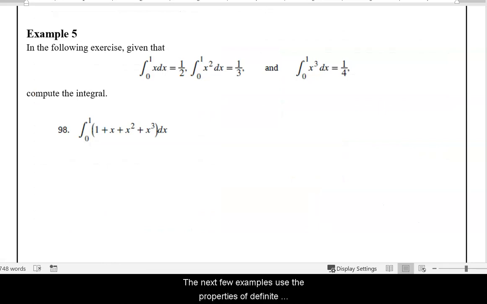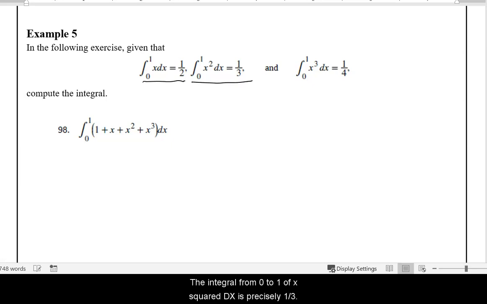The next few examples use the properties of definite integrals to compute them. We don't yet know how to compute the definite integrals without using geometric formulas for rectangles, circles, and triangles, so they have given us the values up here. They are told that the integral from 0 to 1 of x dx is 1/2.